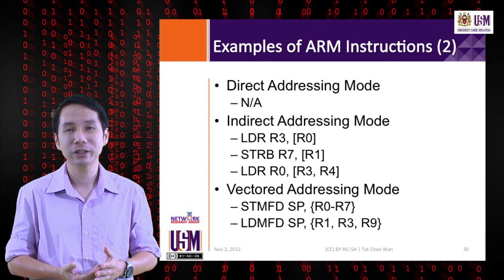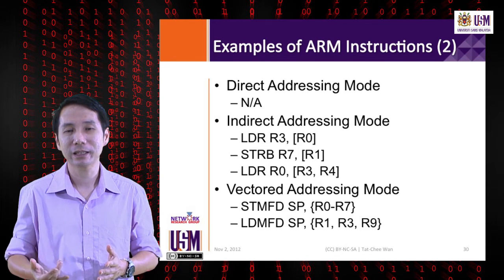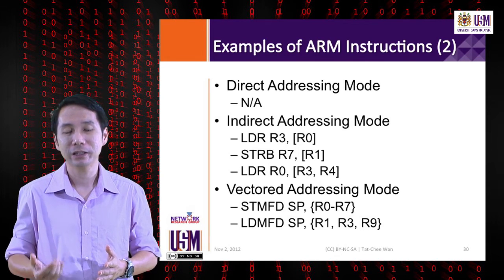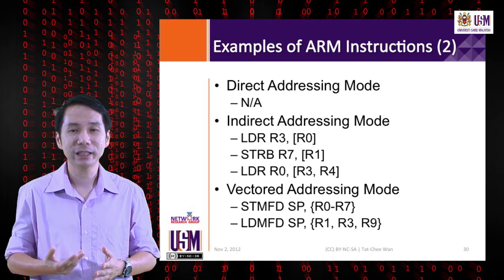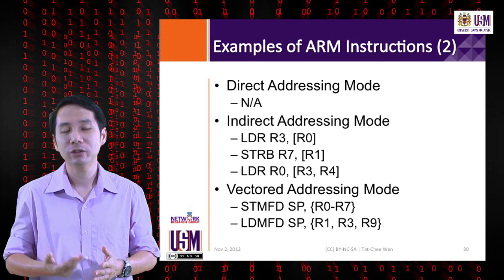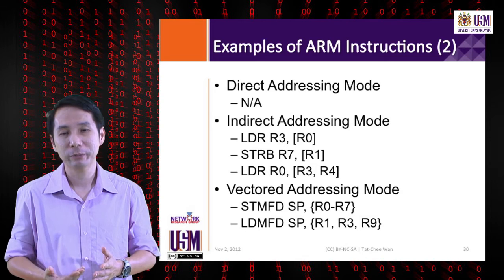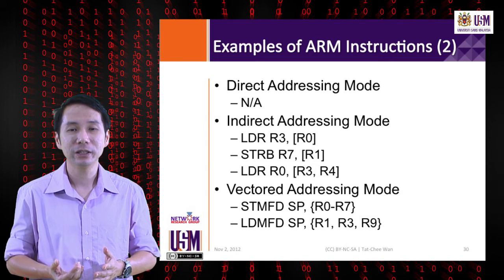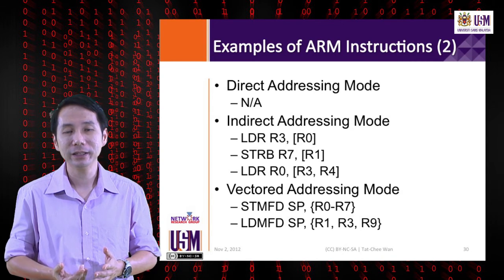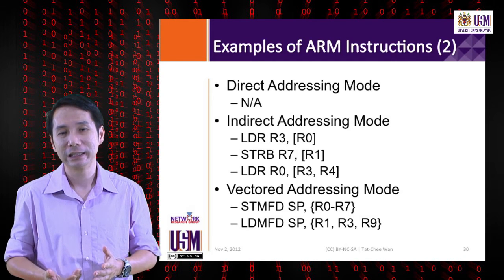Now the load instruction takes 32-bit values from memory, so it will take it from the address starting from the value in R0 and the next 3 memory address locations as well. Store byte, or STRB R7, [R1], will take the 8-bit value in the least significant byte of R7, and store it into the memory address given by the value in register R1.